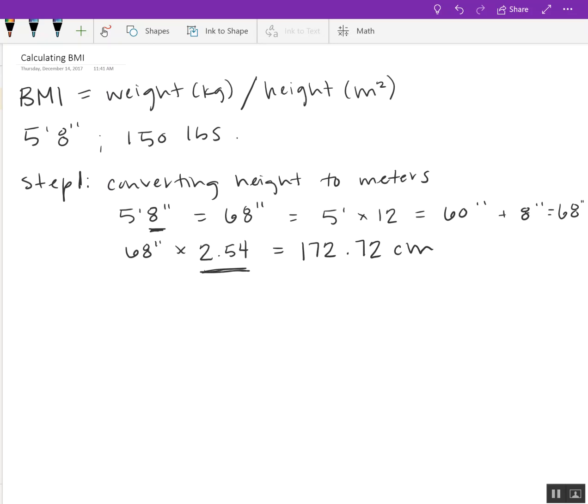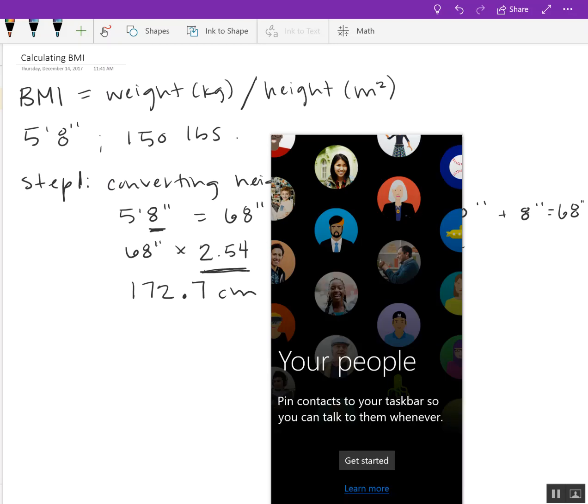Now we have one more step to get to meters. We're going to take these centimeters and convert them to meters, which is really simple. If we have 172.7, I'm just going to round, centimeters, all you have to do is move the decimal point over to the left 2 spaces in order to have meters.